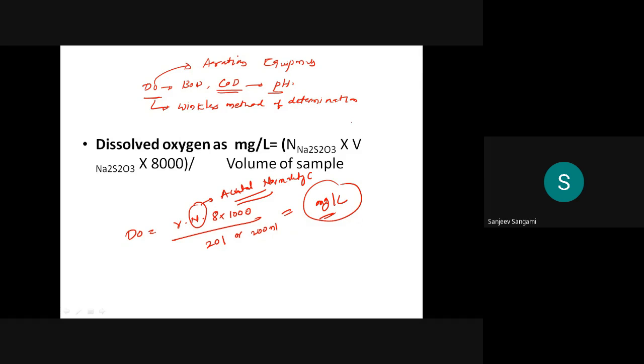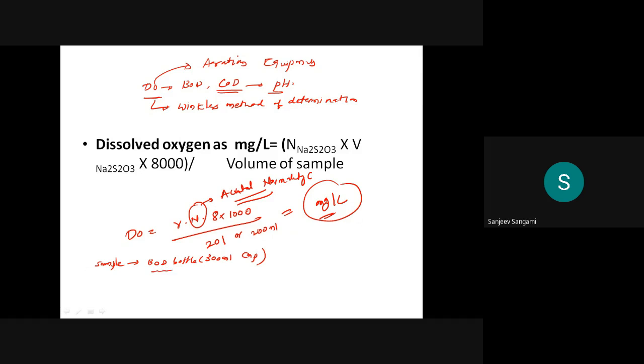So we have discussed it initially, and I'll revise it for about 1 or 2 minutes. We have to take the sample in a BOD bottle of 300 ml capacity.